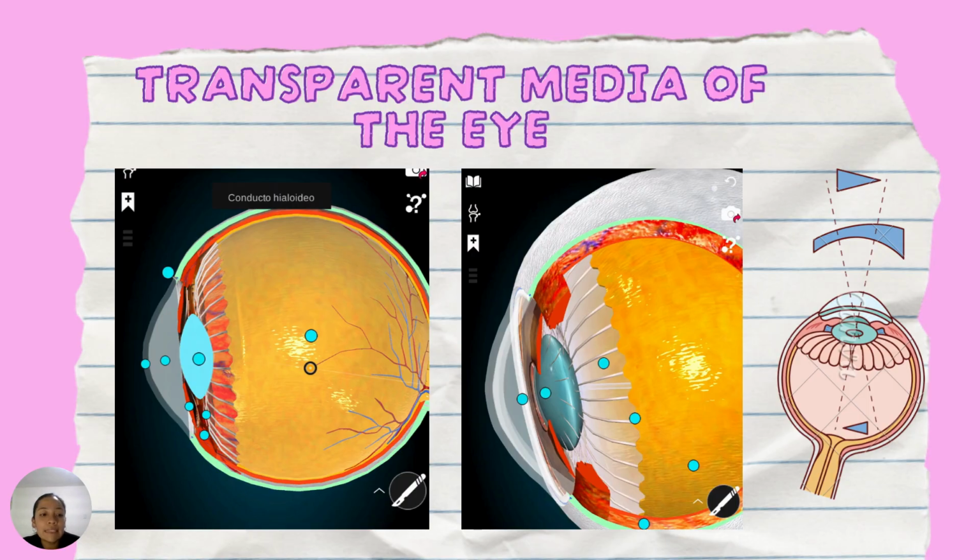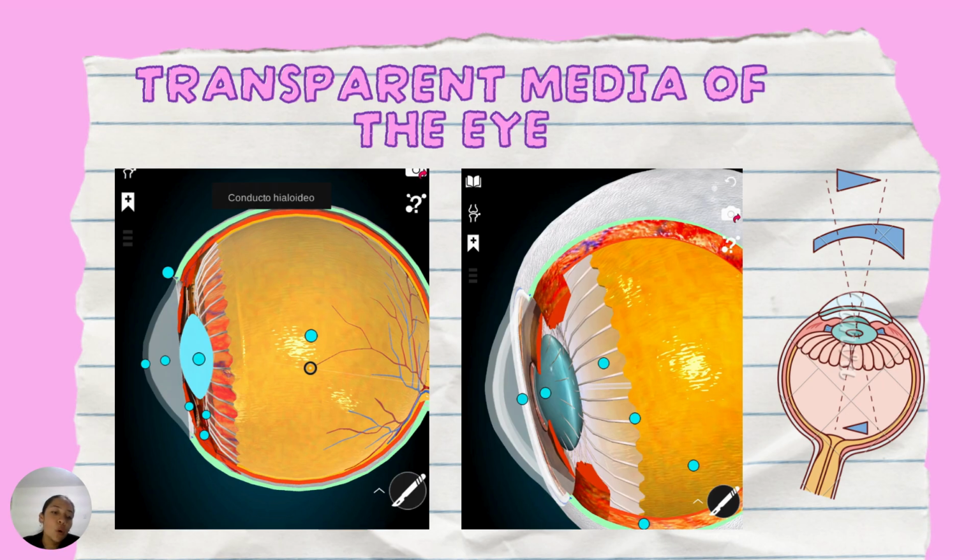Then we have the lens, that is a transparent biconvex structure, that in the video is in light blue color. It functions to focus the light and also focus objects at different distances onto the retina.